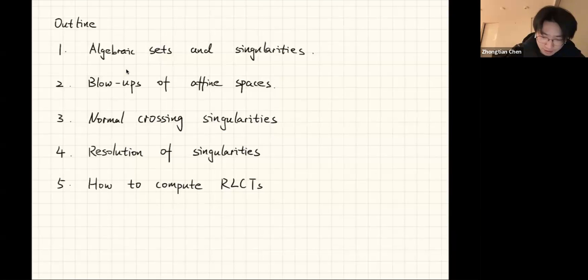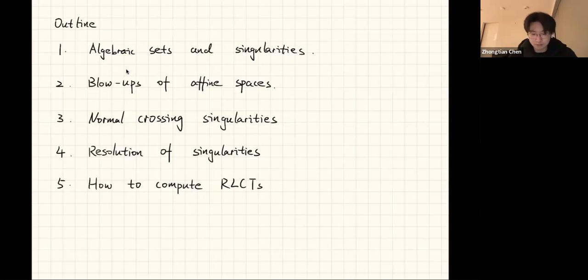Right, so this is the outline of this lecture. First, I will introduce the basic notions we need: algebraic sets and singularities. Then I will introduce the blowup of affine spaces and normal crossing singularities, then resolution of singularities.